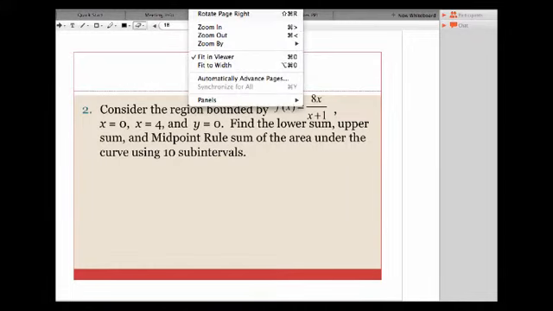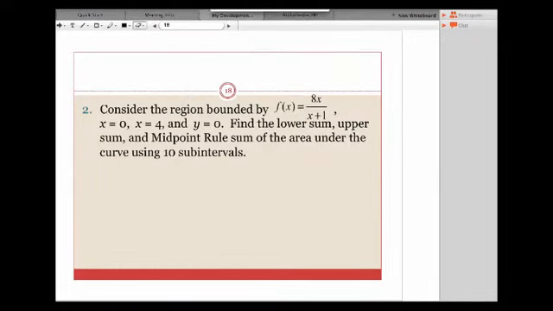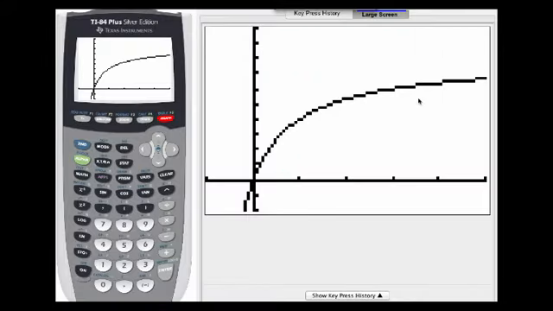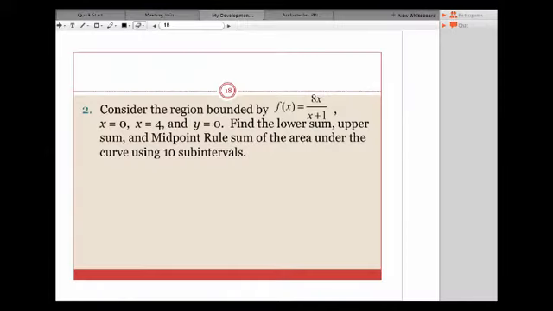Should have synced it up for everybody. Is that back to the PowerPoint now? Yes? Okay. It's working. Thanks for letting me know. Sometimes it just gets stuck, especially doing it from home with so many windows open.